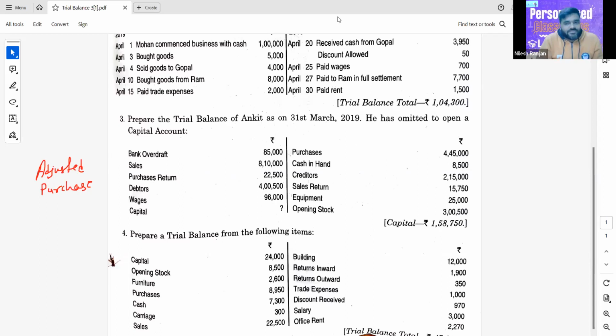Yesterday or the day before yesterday, I was doing a question. Then I got so confused. I don't know which question it was, but then I opened the recording in which you were teaching. Then I got the answer. Okay, but you have not written this adjusted purchase or cost of goods sold in notes.